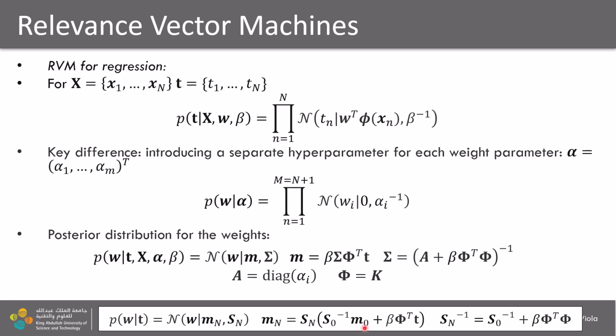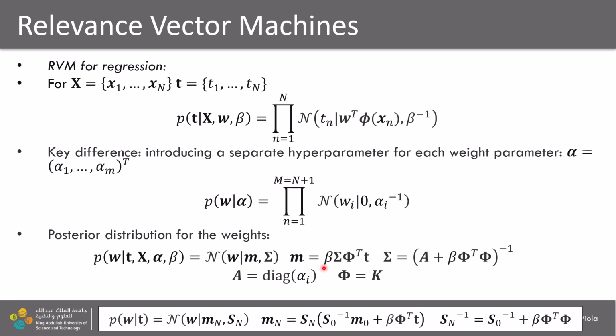We have a zero prior, so this is a single variate, but in the multivariate case we will still have the zero prior, and therefore this first term is removed and we have only the second term. This term is multiplied with Sn, which in our case is equal to sigma, so the mean value is sigma times beta times phi transpose t, exactly as it is here, only that the scalar has been taken out as the first entry in the term.